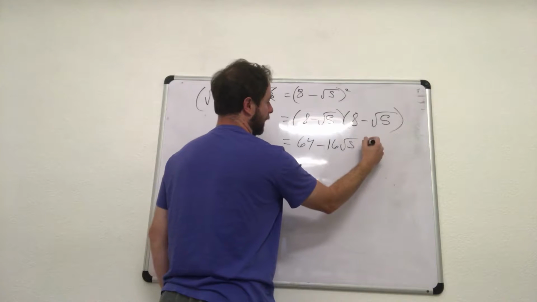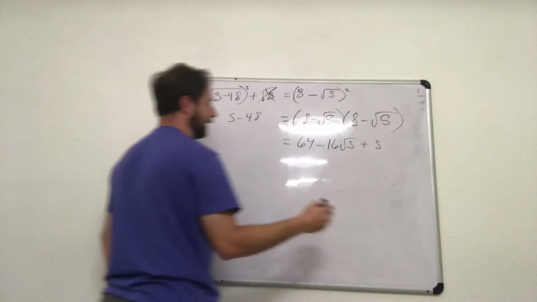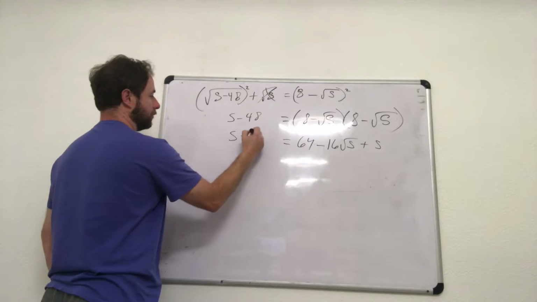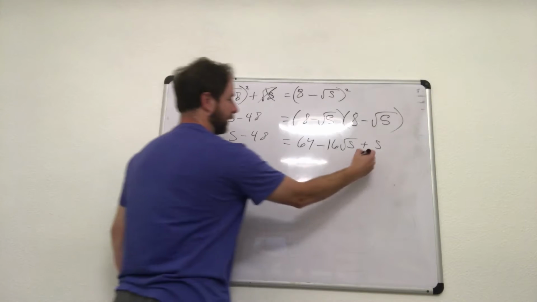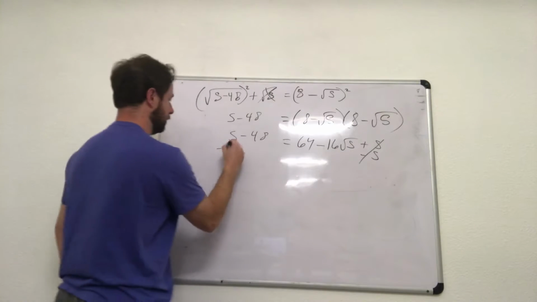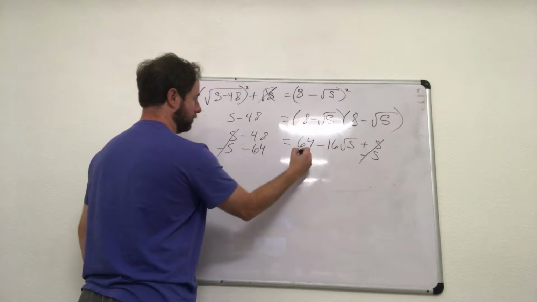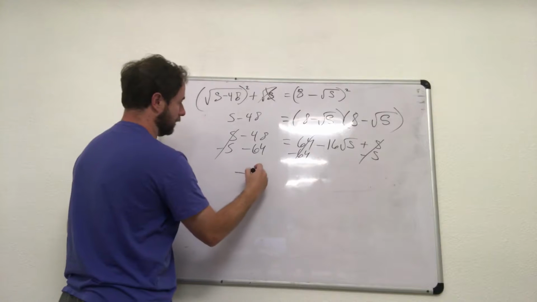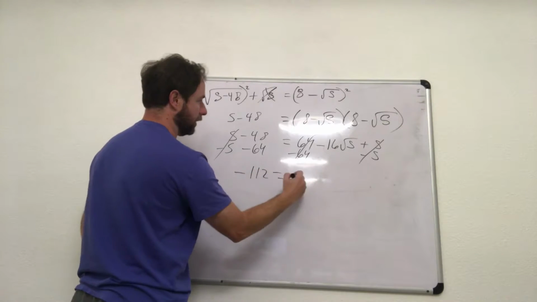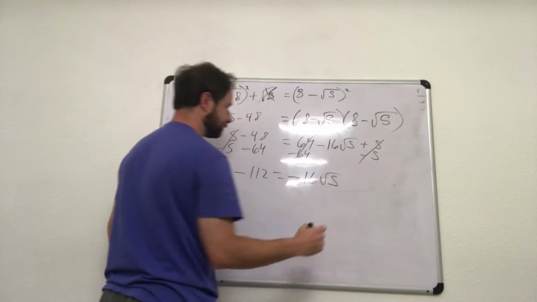And then negative root s times negative root s is simply going to be s. So now we have s minus 48 here. When we subtract s from both sides, that will eliminate. We're going to bring 64 over here and make it negative. So now we have negative 112 equals negative 16 root s.